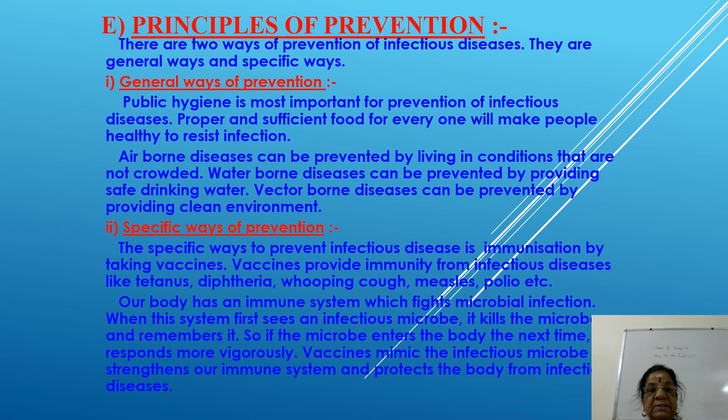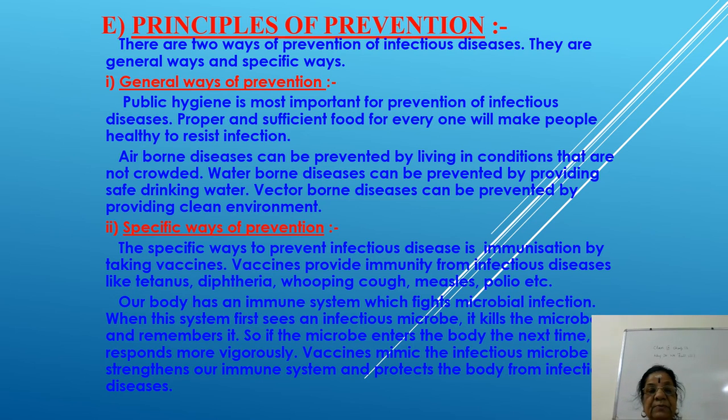Airborne diseases can be prevented by living in conditions that are not crowded. Waterborne disease can be prevented by providing safe drinking water; clean drinking water should be taken. Vector-borne disease can be prevented by providing a clean environment. I hope you could follow this. Actually, the principles of prevention will continue in the next video.